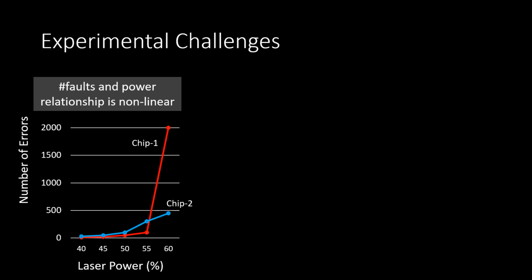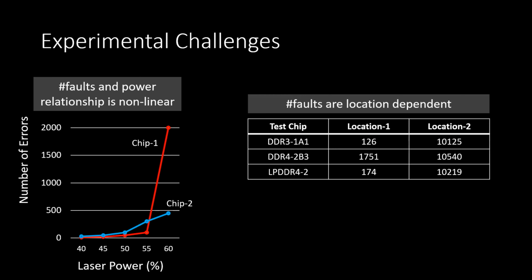We see this consistent pattern on chip one that below 55, there are very few errors, and above 55, suddenly the number of errors increases. And this increase is kind of exponential. If you go to 60 or 70% power, we will have errors that we cannot even log. Whereas certain chips are significantly better, where we see a linear or polynomial increase in the number of errors.